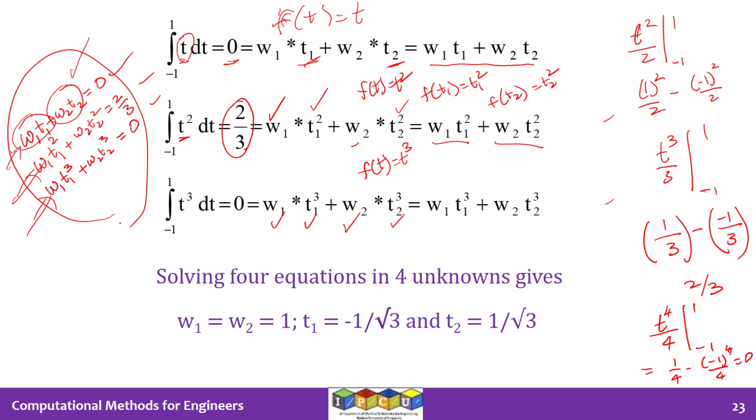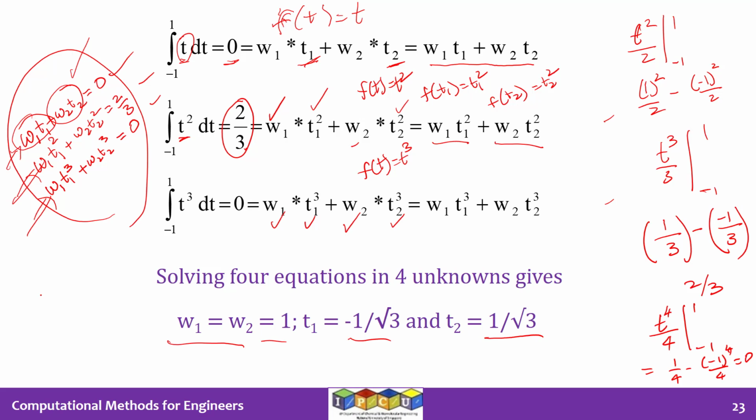So I'm just going to say when you solve these four equations, you're going to get W1 equal to W2 equal to 1. So W1 and W2 are 1 each, and T1 is going to be minus 1 by root 3, and T2 is going to be plus 1 by root 3.